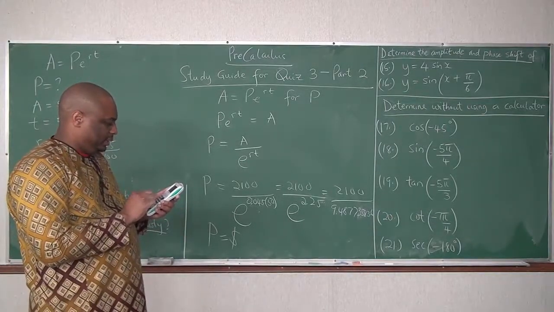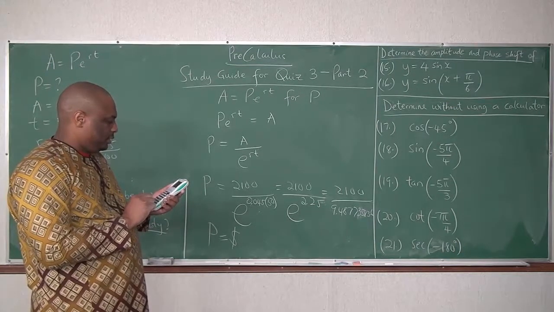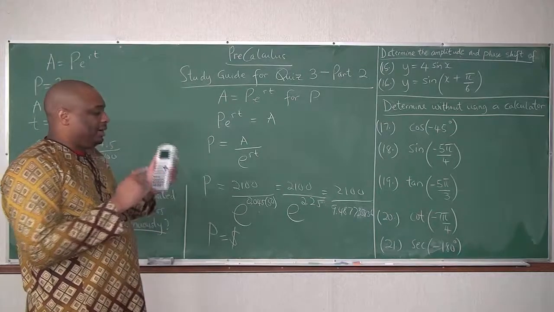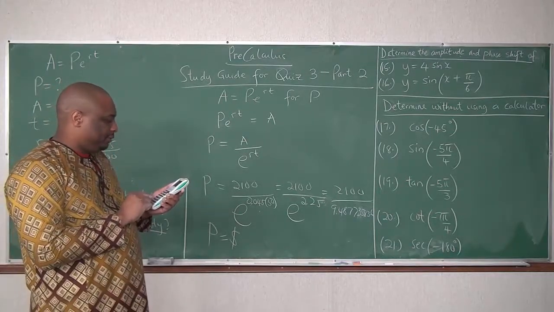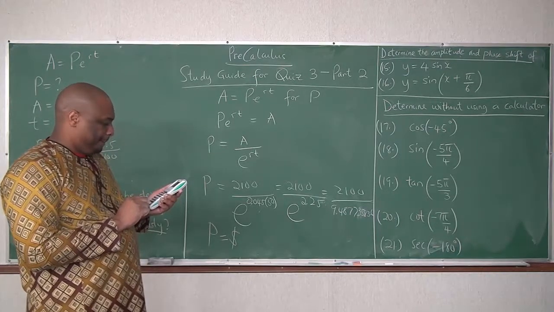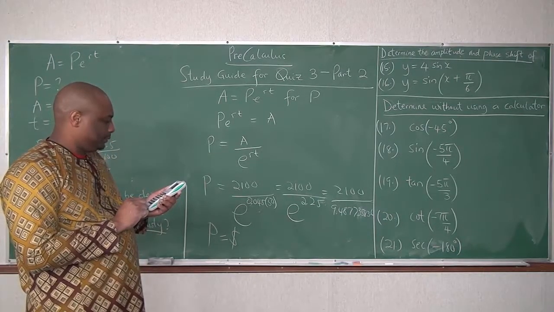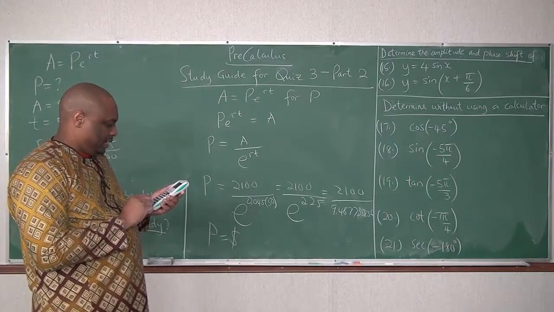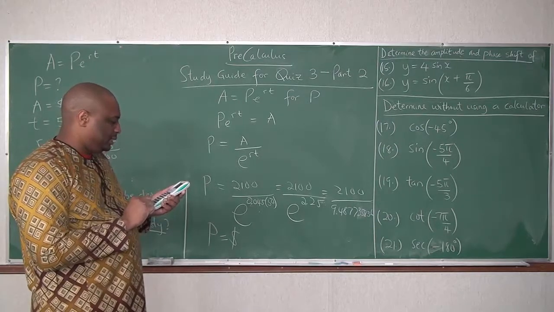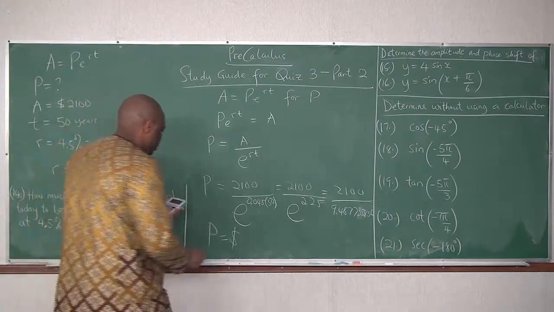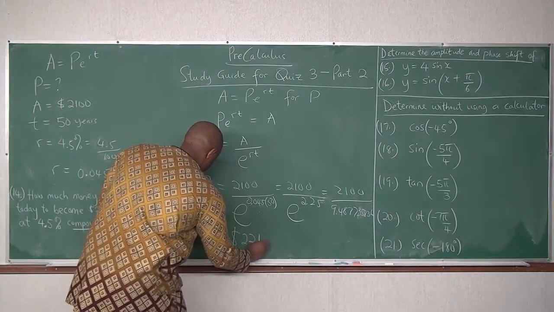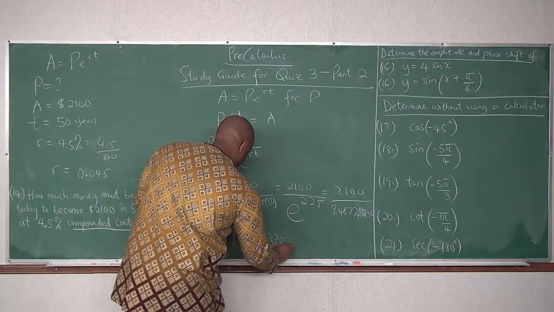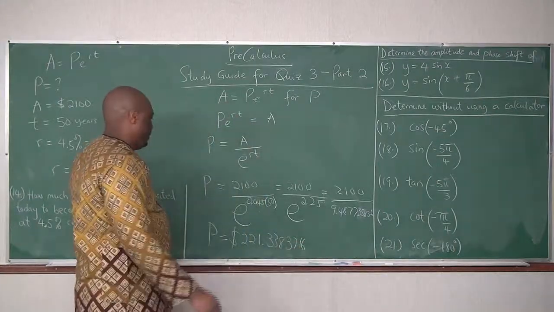On my own calculator, I have to press shift for me to do it. It gives me this, then I do 2100 divided by shift answer. It gives me 221.3383716.